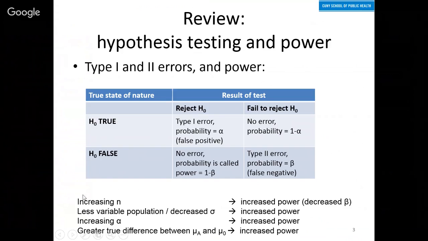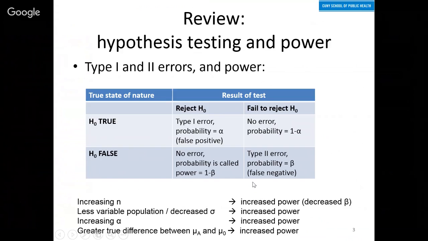You can improve your power by increasing your sample size. If there is less variability in the population, that will also increase your power. Increasing your alpha, your type 1 error rate, increases your power. And if there is a greater true difference in the means of the populations that you're looking at, that also increases your power.